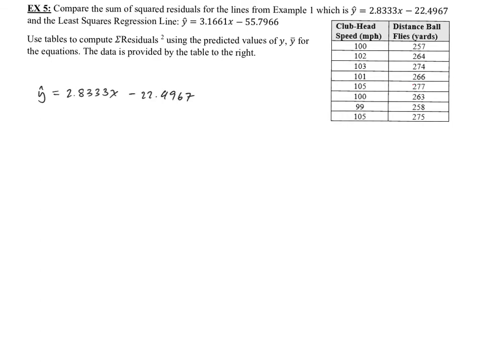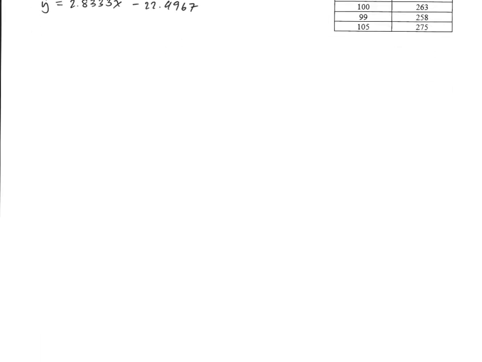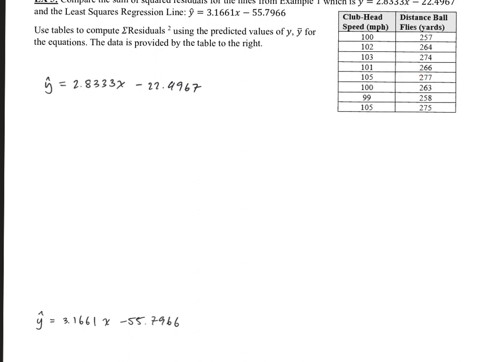And then we're going to compare this with the squared residuals of the actual least squares regression line, which you would use with technology or finding the means for x, y by hand, as well as the standard deviations. Okay, so this one is the best fit we did in the first example, and this one is the least squares regression.